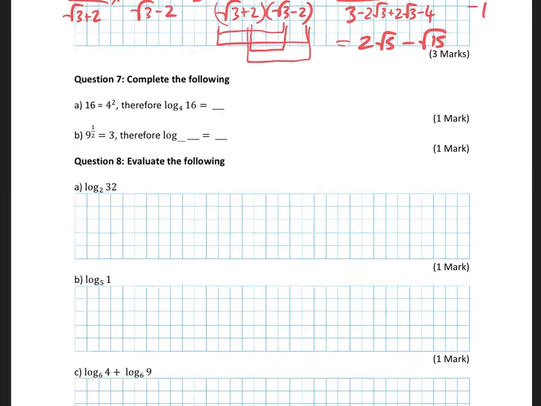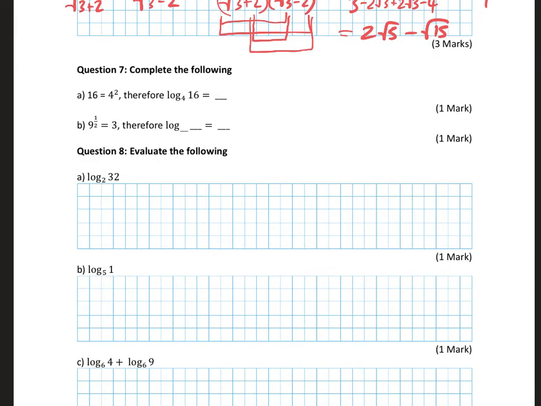Now we got logs after surds. 16 is equal to 4 squared, therefore log of base 4 of 16 is 2. 9 to the power of a half is equal to 3, therefore log of base 9 for the number 3 is going to be 1/2.